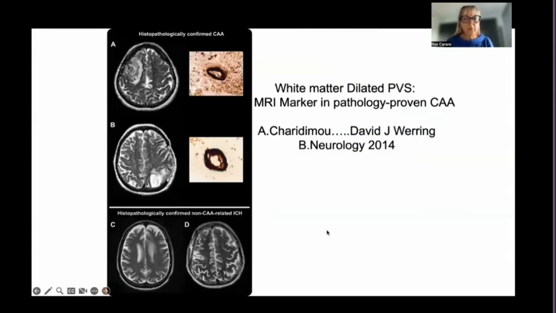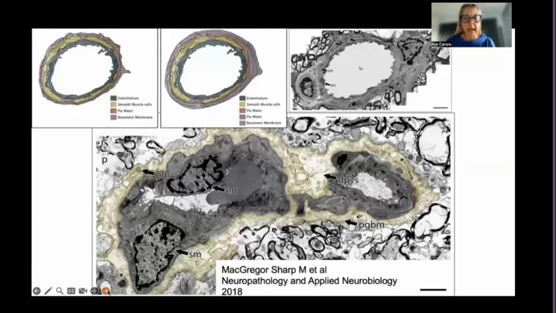So in order to better understand the complexity of the pathology of dilated perivascular spaces and white matter hyperintensities, we had very well preserved biopsy tissue from a case of cerebral amyloid angiopathy in Queen Square, from a patient under David Werring's care.